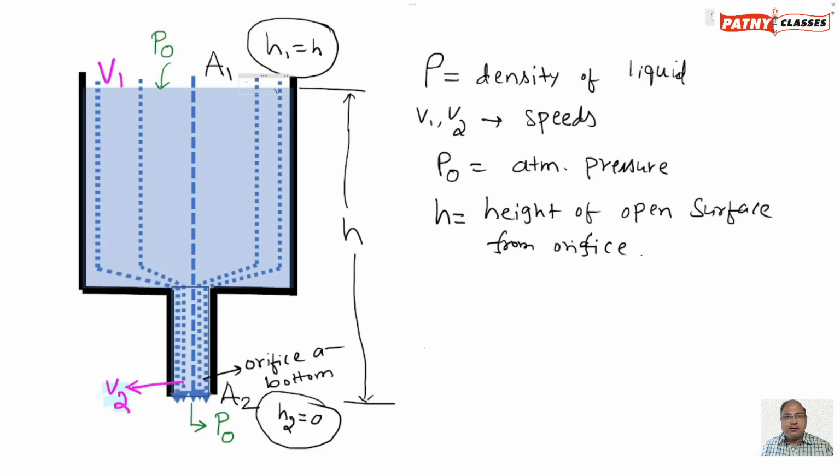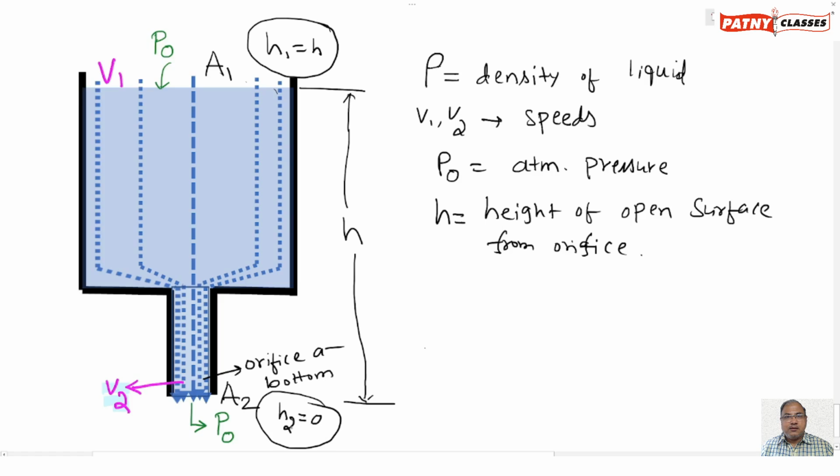So rho equals the density of liquid, V1 and V2 are the speeds, P naught equals atmospheric pressure, h equals the height of the open surface from the orifice. Let us call H1 equals h and H2 equals 0.